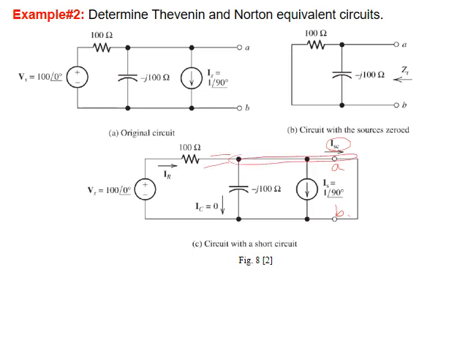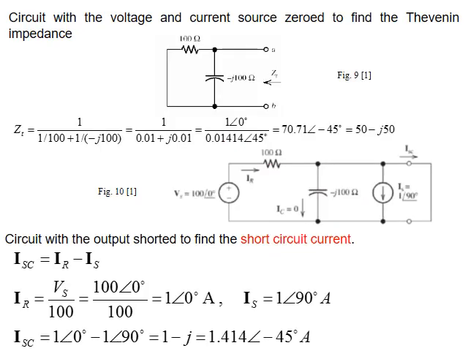All these represent one node. When the current comes to this, it will not flow here, it will not flow here. Why? Because it will flow through the short circuit back. So the current IR represents the current coming through the supply, the current source, and let's do this step by step.